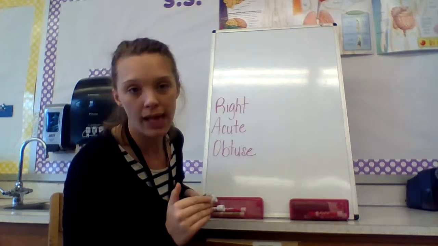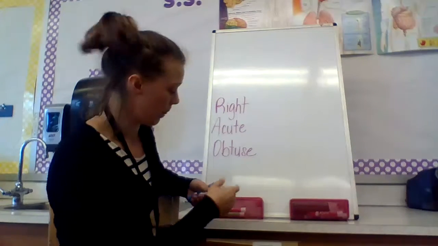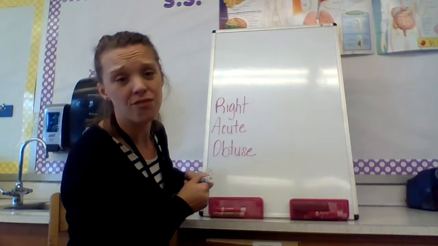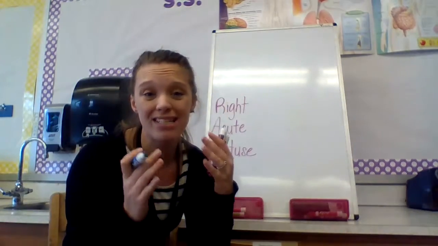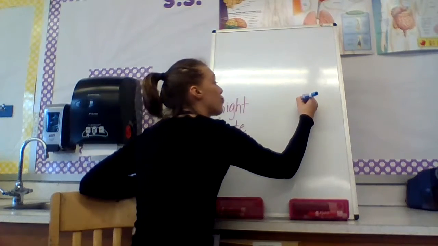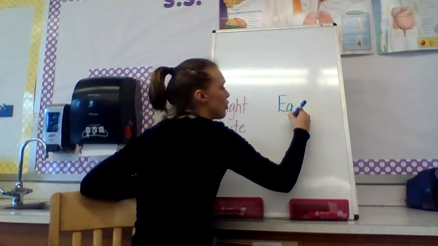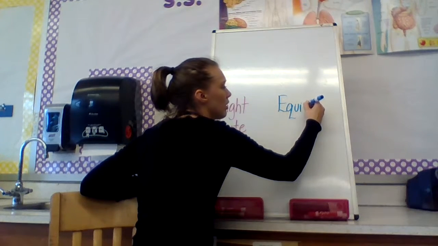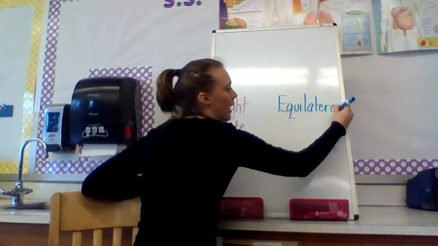That's one way we classify triangles, based on the angles of the triangle. Another way to classify is dependent on the number of congruent sides. So if a triangle has 3 congruent sides, meaning all 3 sides are congruent, that is an equilateral triangle.